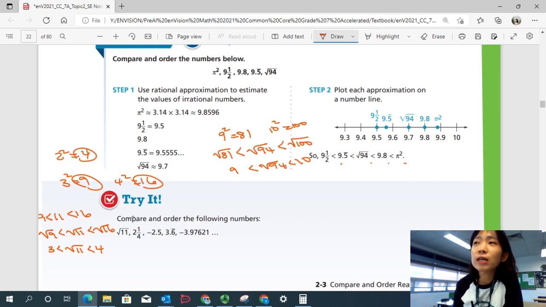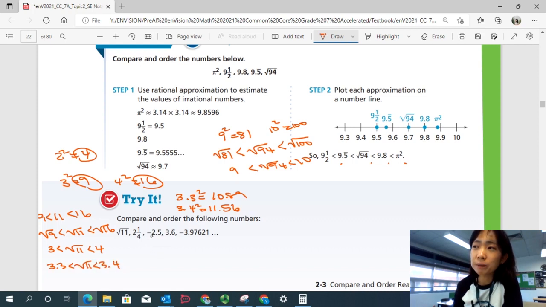So you can start guessing and checking your decimals. 3.3 squared is 10.89, and 3.4 squared is 11.56. So 11 is between 10.89 and 11.56, which means square root 11 should be between 3.3 and 3.4.